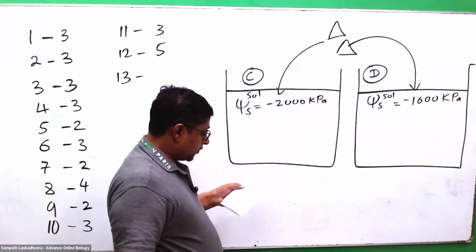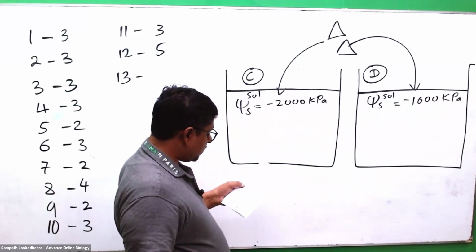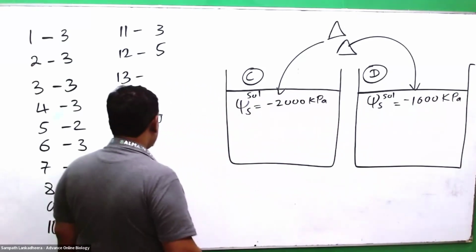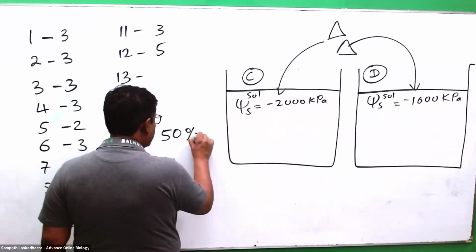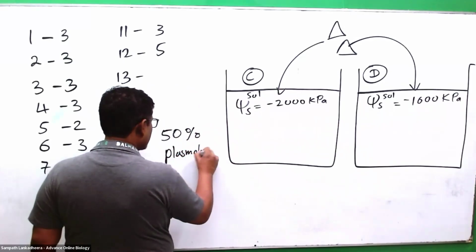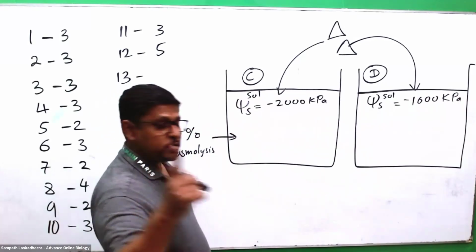Upon reaching the equilibrium, it was observed that 50% of the cells in the tissue immersed in solution C were plasmolyzed. 50% plasmolysis in solution C.